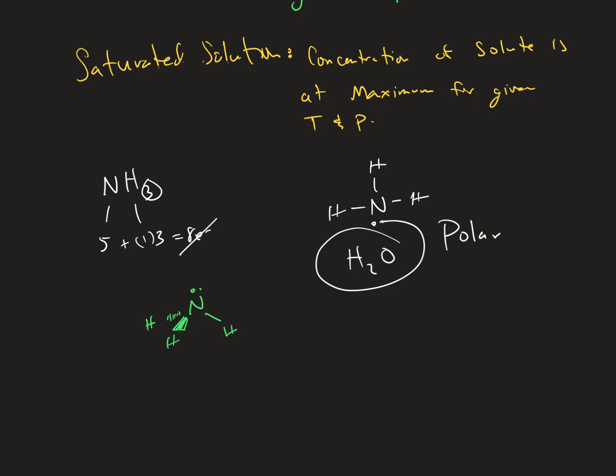So it's 0.9 difference. So it is polar. So this is partial positive, partial positive, partial positive, and partial negative. Can we draw a straight line that separates the positives from the negatives? Therefore it's polar. Good?